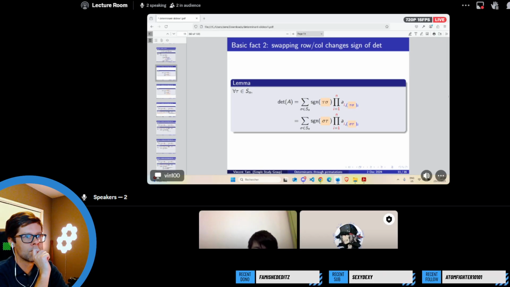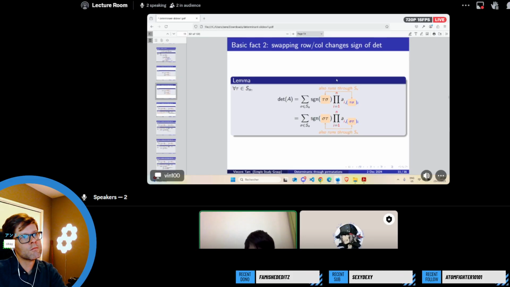And then there's basic fact number 2: if you swap two rows of the determinant, the sign will be alternated. The proof of this fact is independent of the proof of the first fact, and independent from what you have seen in the book. So here's another little lemma.